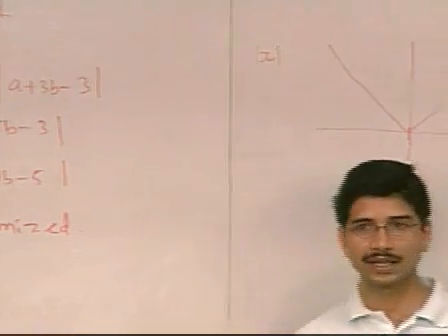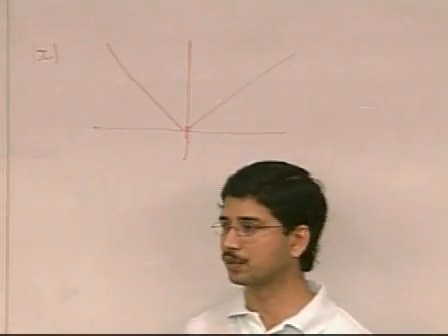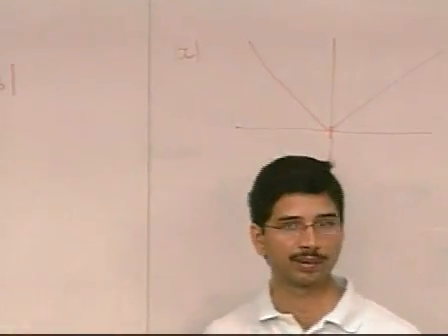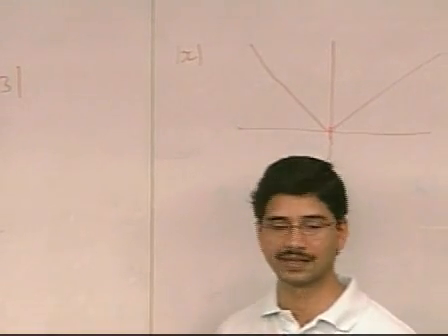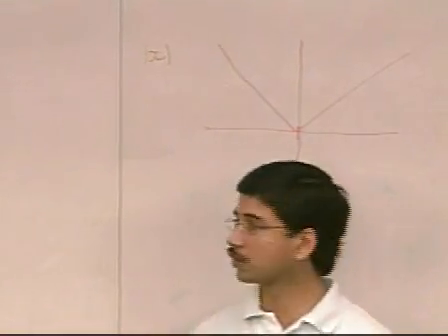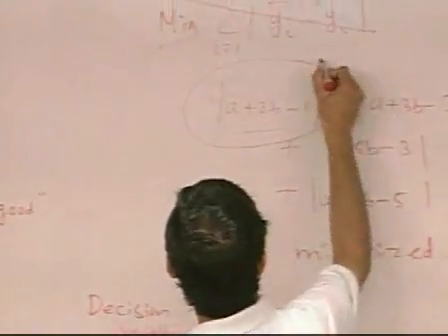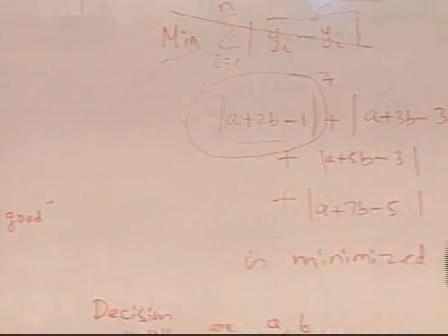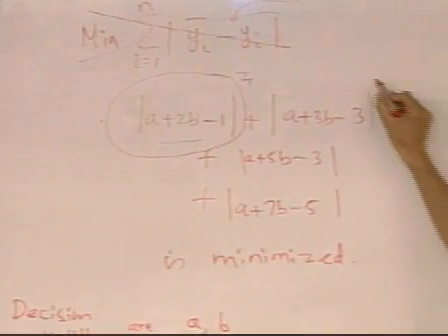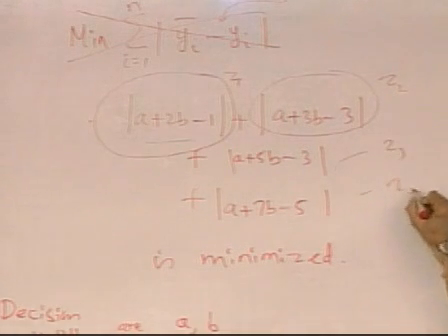But can you make this into a linear program? There's a little trick that people use to convert simple nonlinear programming problems into linear programming problems. And that's worth learning. Okay. So what I could do is to call this Z1. And I'm just going to call this Z2 and Z3 for this and Z4 for this.